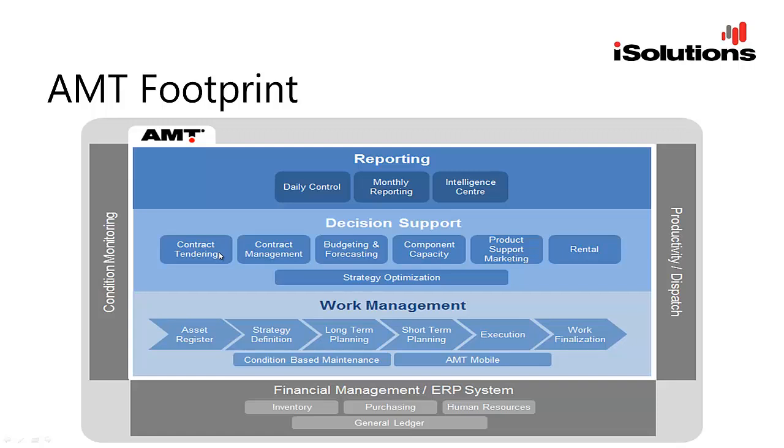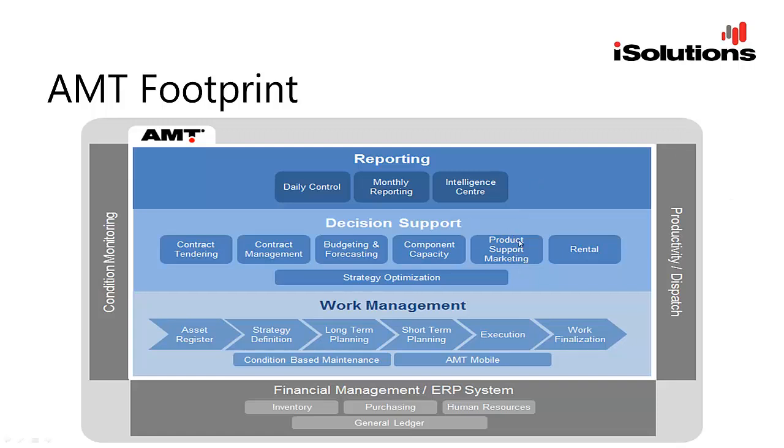Contract tendering is tendering for your MARC contracts. Component capacity management. This is a lot around forecasting your components, evaluating what's in inventory, and working out what's the optimal strategy around reman, exchange, etc., and producing that forecast for your rebuild centers, your CRCs.